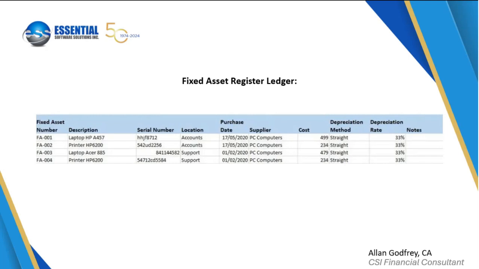You'll have the main account, like vehicles or whichever, and then you'll have that offset accumulated depreciation for vehicles, for furniture or whichever, and then showing the net book value.